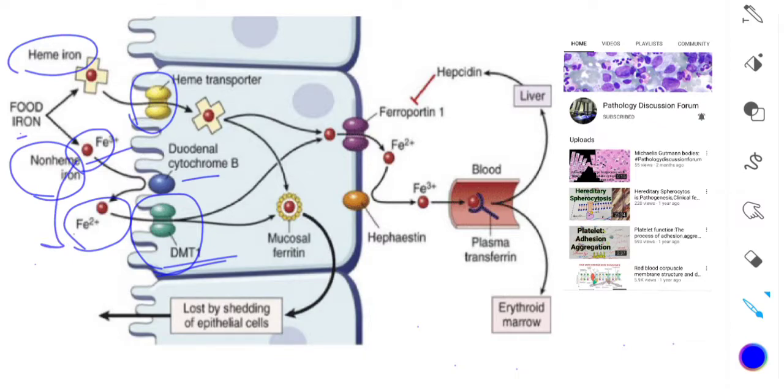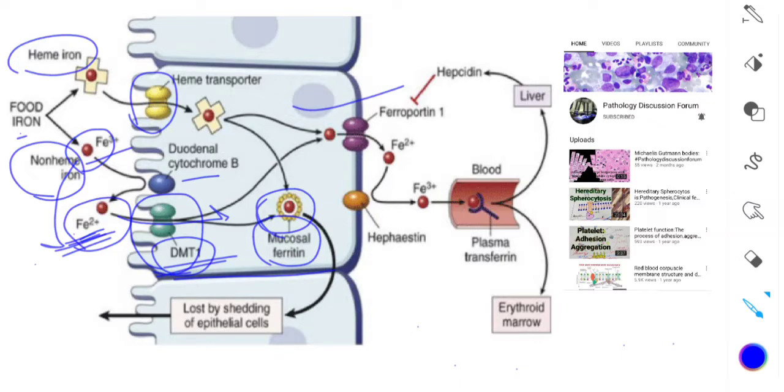And now this ferrous form is easily transported into the enterocytes with the help of the divalent metal transporter, and after entering the enterocytes, this ferrous iron can either be converted into ferritin and stored in this cell, or it can go beyond the enterocyte and enter into the circulation.